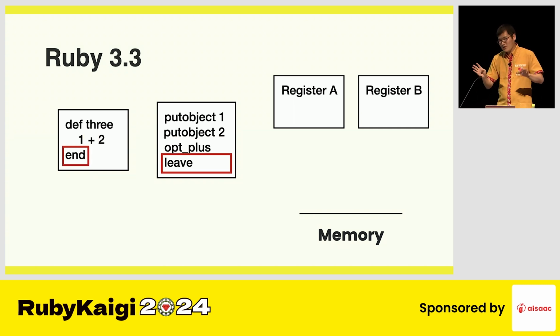There are a lot of complications we needed to handle, but basically this is how Ruby 3.3 YJIT optimizes your operations. So this applies to almost every instruction in the Ruby virtual machine. So Ruby 3.3 YJIT should be able to optimize your code across the board. So please upgrade Ruby to 3.3.